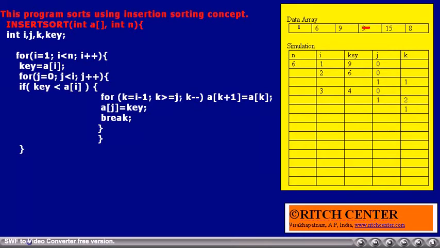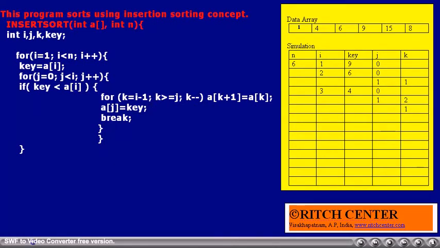K value becomes 1. A of k, that is 6, will be moved to a of 2. A of j is equal to key is executed. That is, key value 4 is stored in a of 1.